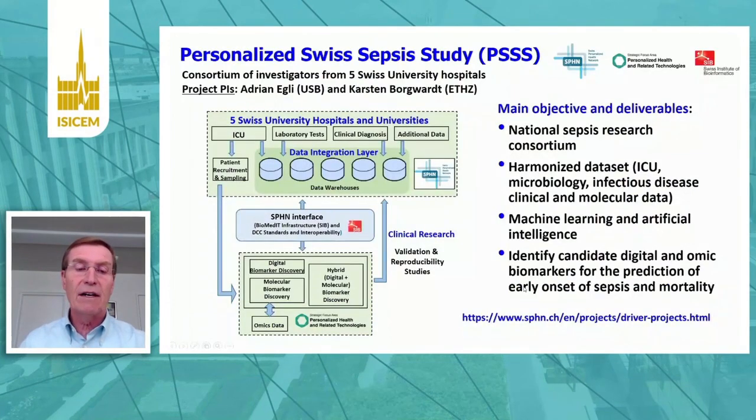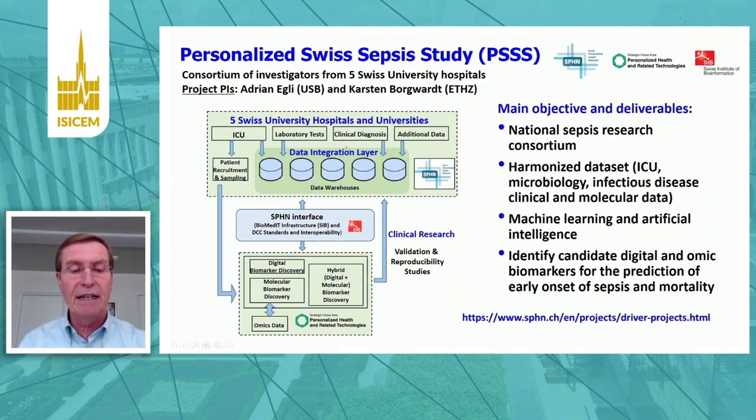And the next slide shows what we are presently doing in Switzerland. This is the Personalized Swiss Sepsis Study that has so far enrolled 6,000 patients from the ICUs of the 5 university hospitals, where we collect in real-time data about lab tests, clinical parameters, as well as more specialized tests.